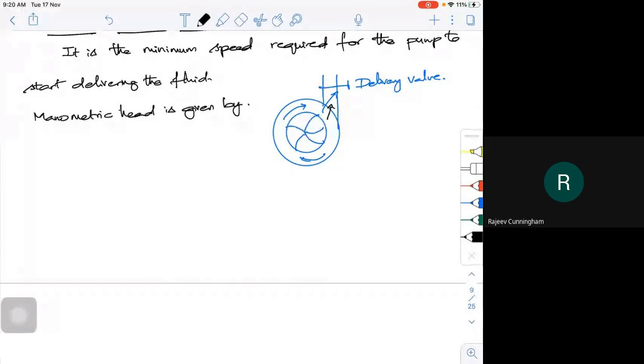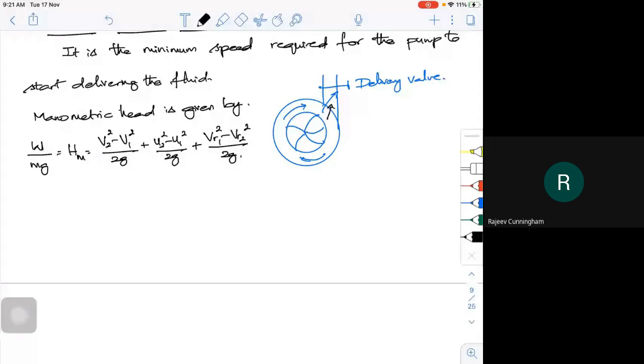If you look at the equation, W by m into g, or we call that Hm, the manometric head, is equal to (V2 square minus V1 square) by 2g plus (U2 square minus U1 square) by 2g plus (Vr1 square minus Vr2 square) by 2g.